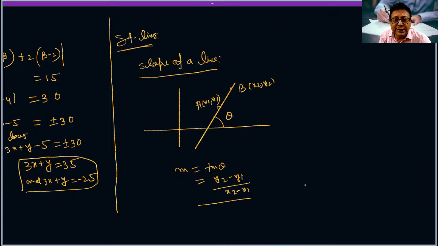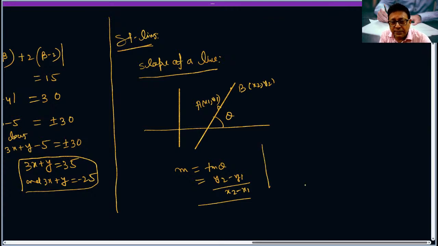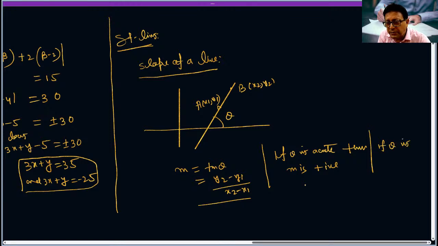If theta is acute, then m will be positive. And if theta is obtuse, then m is negative. Okay.